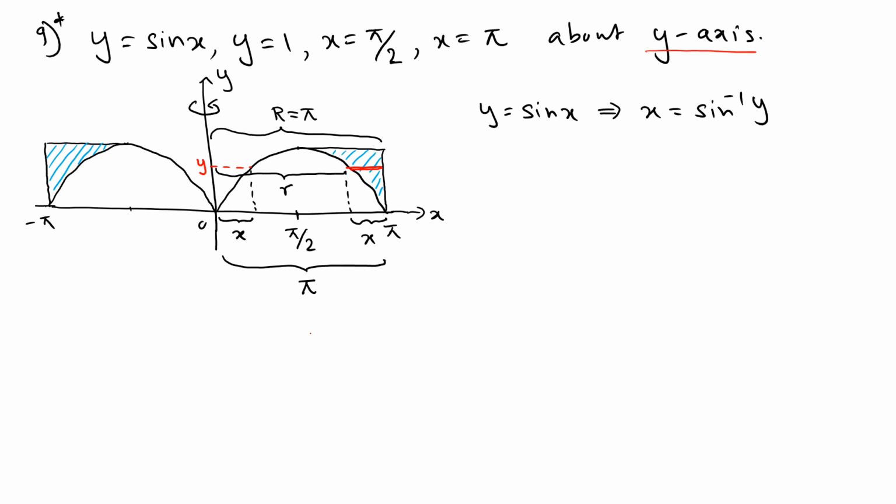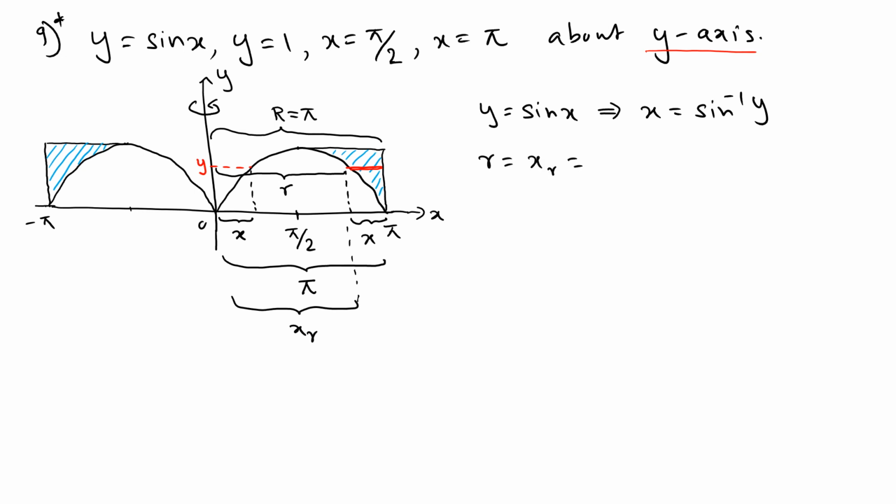If you call this length xr, then the smaller radius is simply equal to xr.